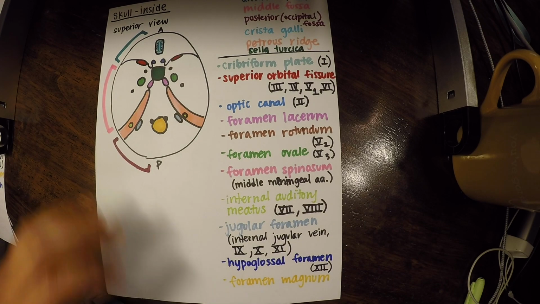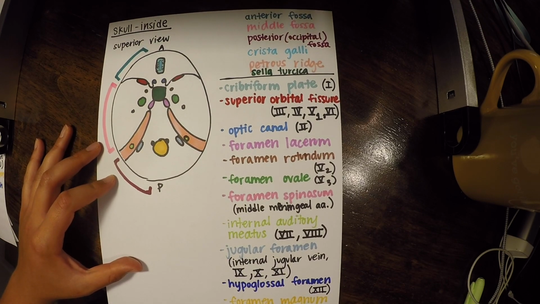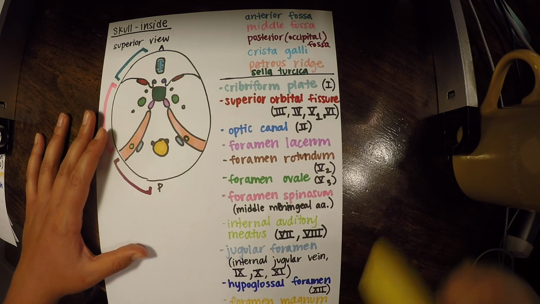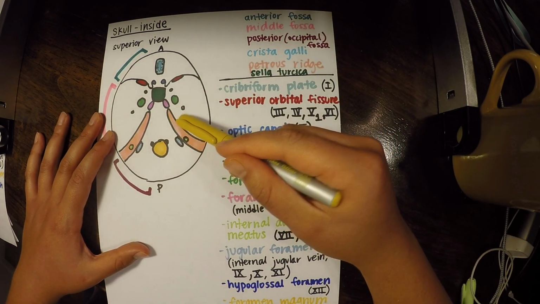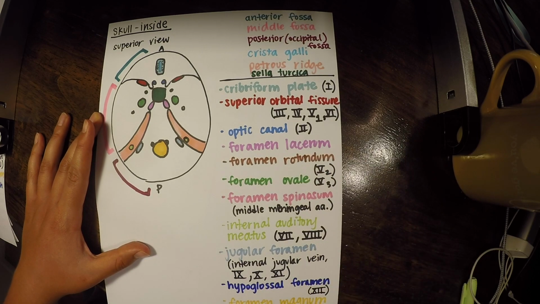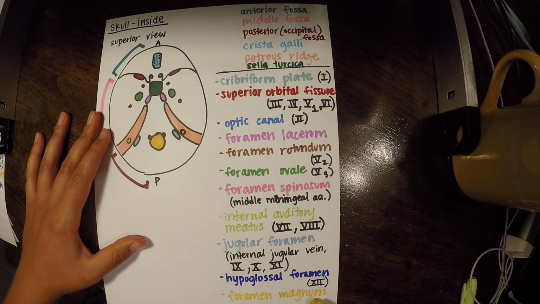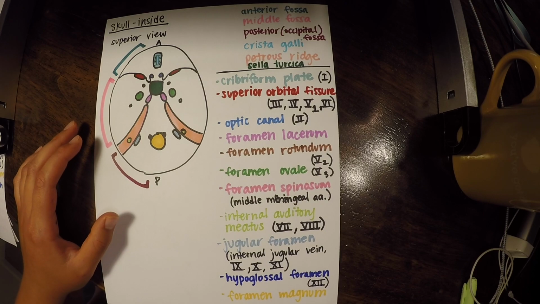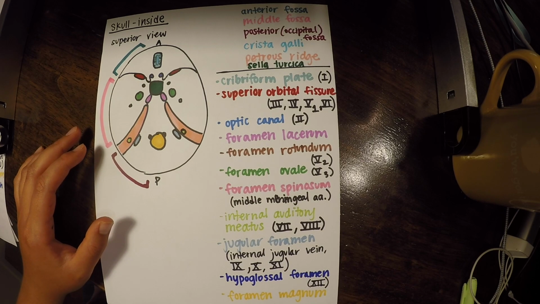Okay, so now we finally have the inside view of the skull. We have all these structures to identify on it, and then we have all of these different foramen going through it with a bunch of different cranial nerves and a few other vascular structures.